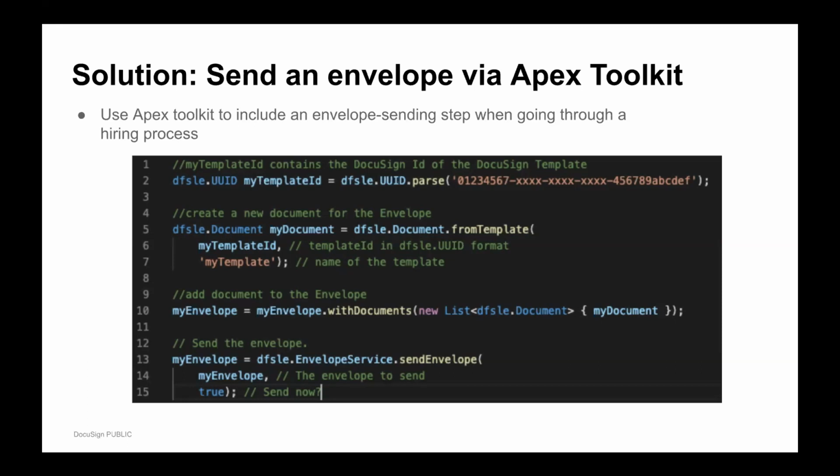When adding the code to the Apex code wired up for the custom component, documents and recipients data from Salesforce can be automatically pulled in, and that's how you send the envelope. Potentially this can grow into bulk sending when hiring a large number of people, for example, seasonal positions.